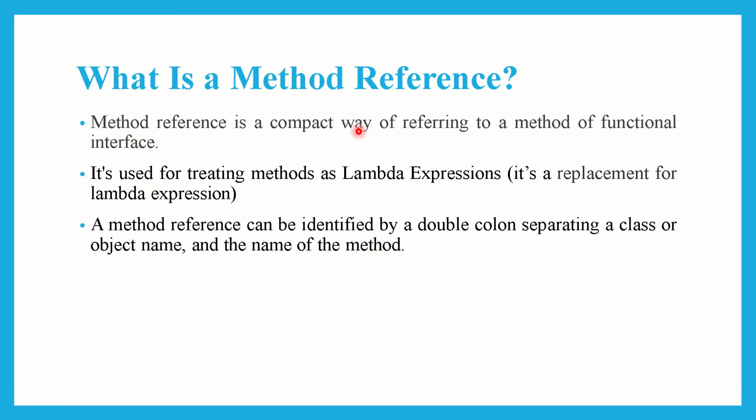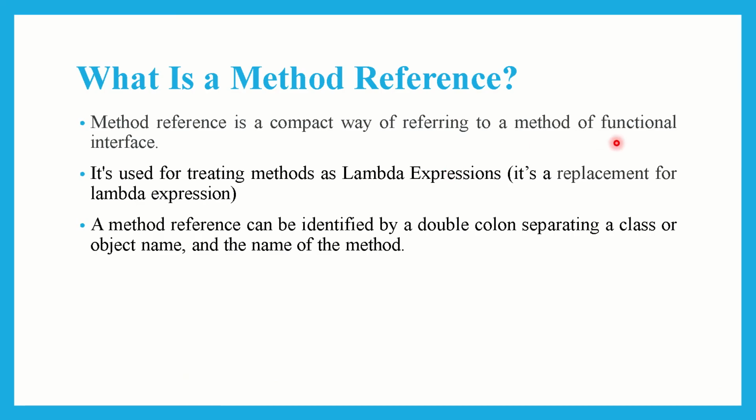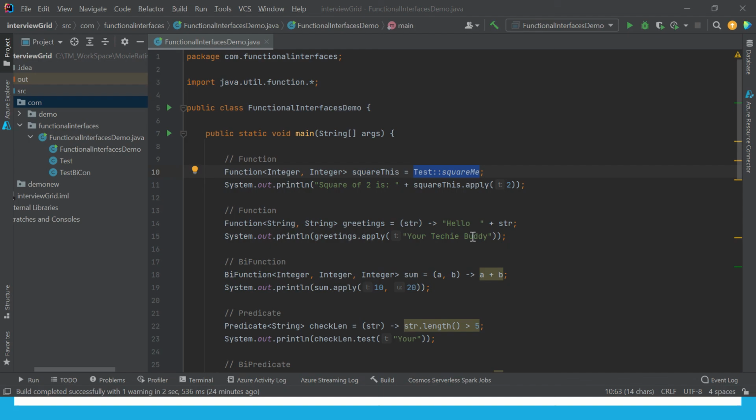Method reference is a compact way of referring. Here we had a lambda expression, now it is too compact: just the class name, double colon, the method name, referring to a method of a functional interface. It's used for treating methods as lambda expressions, a replacement for our lambda expression. A method reference can be identified by double colon, which I just showed you, to refer to a method.